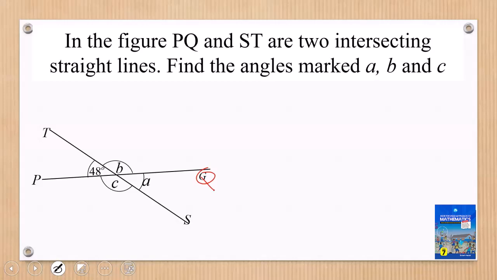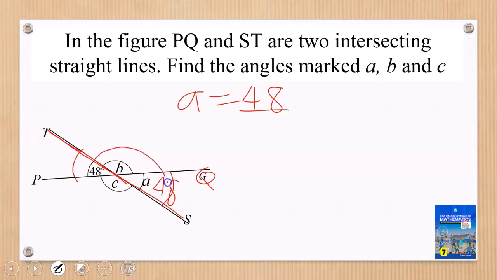So if you look at the angle marked A, this angle and that angle are vertically opposite. So we can say A is equal to 48, because we've learned that vertically opposite angles are equal. Then if I know A to be 48 and I want to find B, you can see that B and A lie on a straight line based on what we learned earlier.